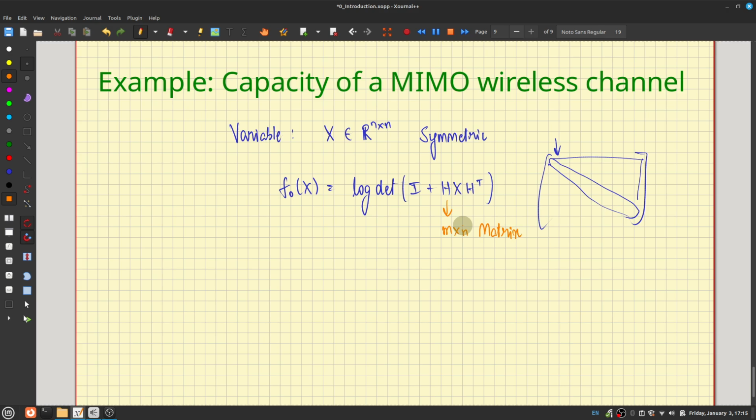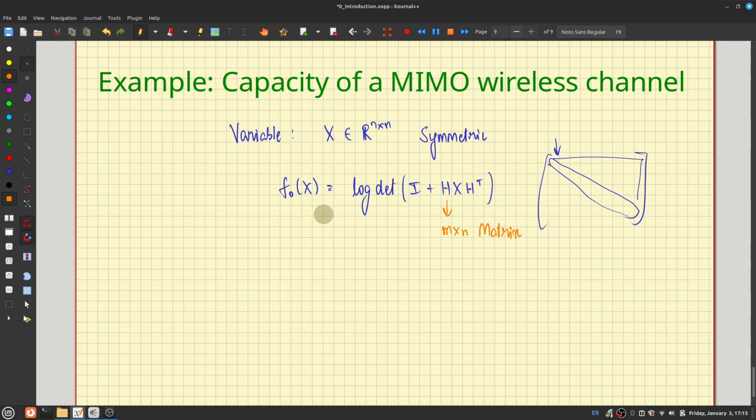If the sender has N antennas and the receiver has M antennas, and H is in some sense the attenuation between each pair of antennas, then this is the maximum transmission rate you can achieve over this channel.